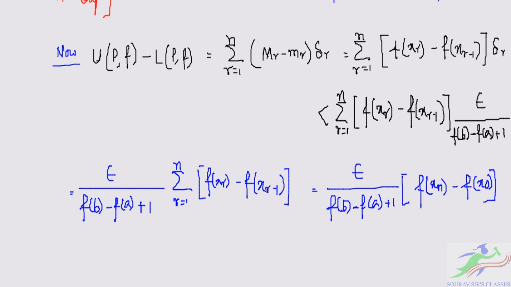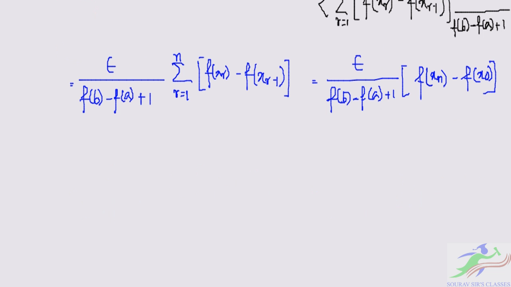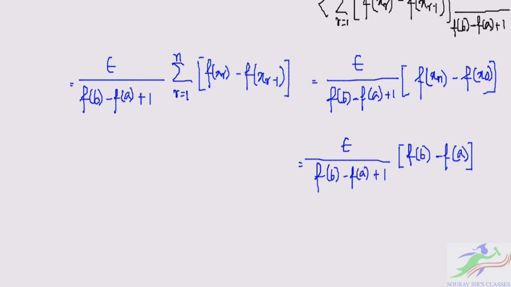If we put r equal to n over here, and r equal to 1 gives 1 minus 1 is 0. So f of x n is f of b and f of x 0 is f of a, which is f b minus f a.